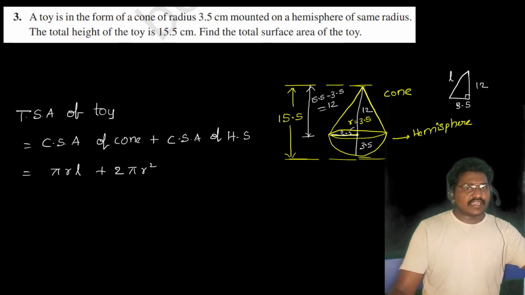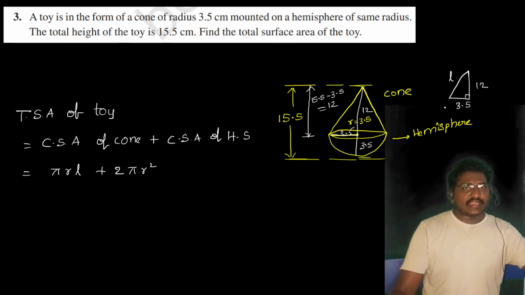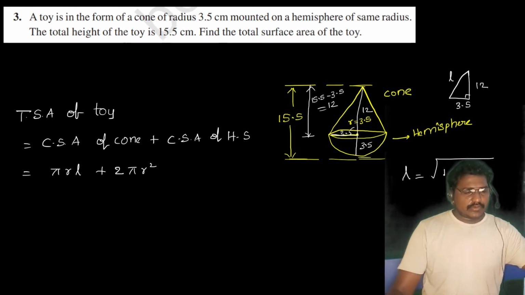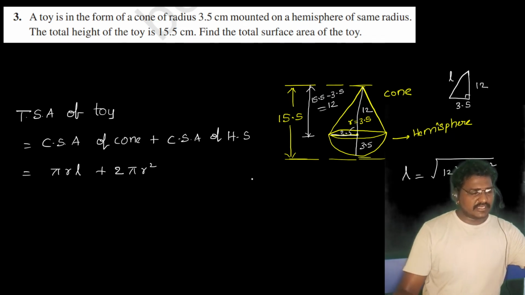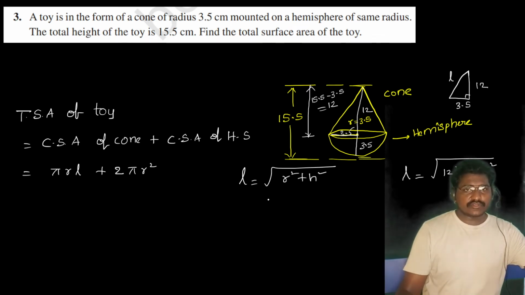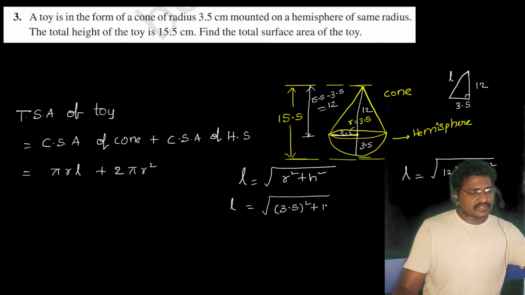We have to find the slant height L. Since it forms a right angle triangle, we can directly use the Pythagoras theorem. So it will be root of 12 square plus 3.5 square. L is equal to root of r square plus h square. So L is equal to root of 3.5 square plus 12 square.